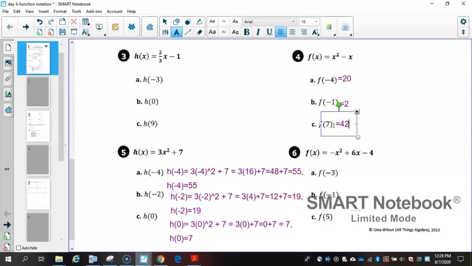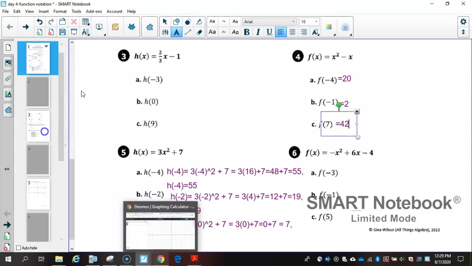So that's a quick way to put it in your graphing calculator and evaluate it using your table. You just have to remember what it is you're looking for, and remember what x values you need.